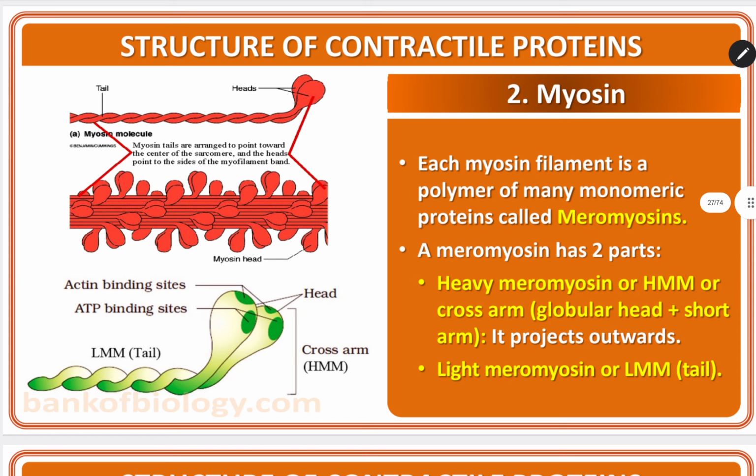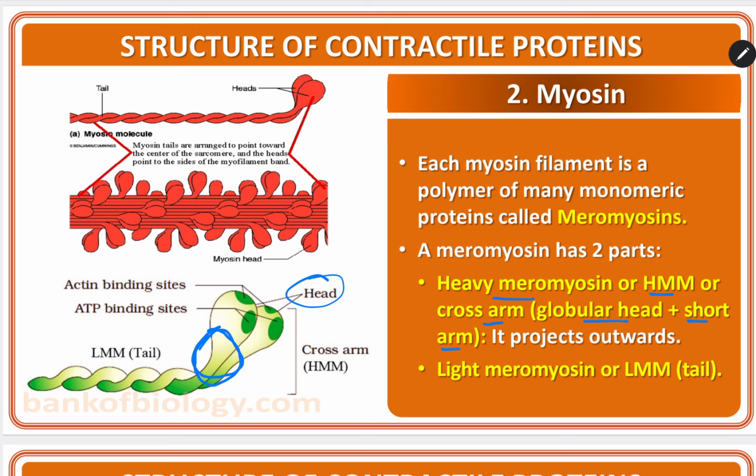Now coming to myosin. Each myosin filament is a polymer of many monomeric proteins called meromyosins. A meromyosin has two parts. One is HMM or heavy meromyosin, or cross arm, which has a globular head and a short arm.